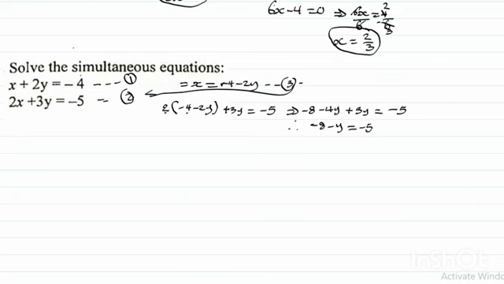So minus 8 minus y is equal to minus 5. To make y the subject, this minus 8, let's take it to the other side. So we have minus y here is equal to minus 5, we have number 5 here already. So this 8, when it comes to this place, turns from negative to plus 8.